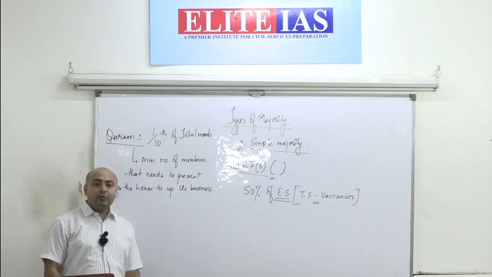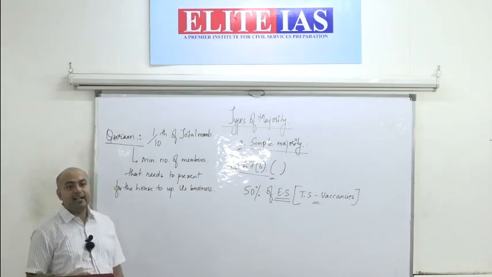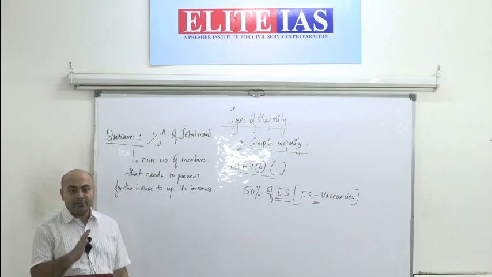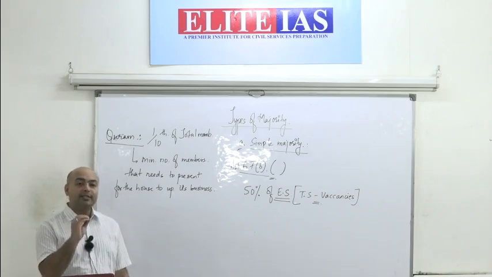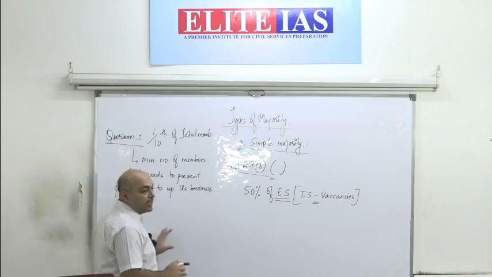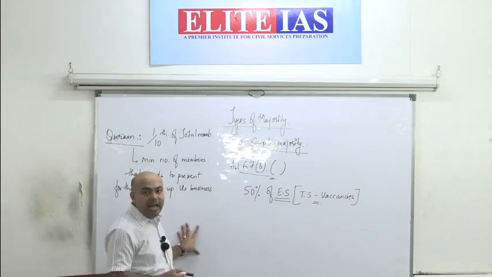So that there is no confusion, let's understand this through an example. If you understand this through an example, you would get what this is all about. So suppose the government or the parliament has to pass an amendment bill.